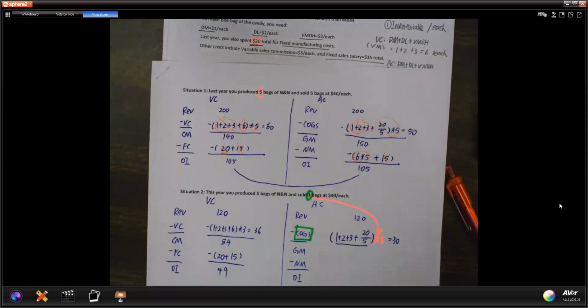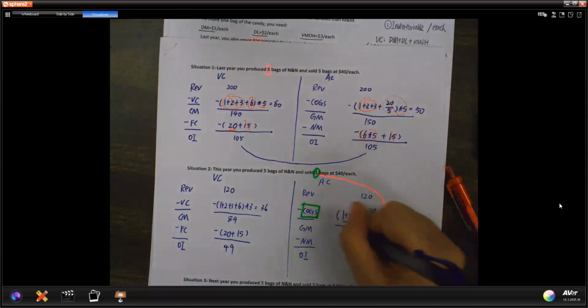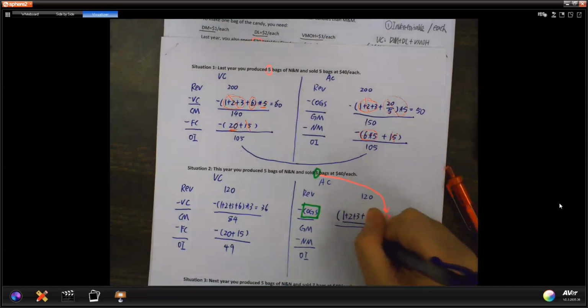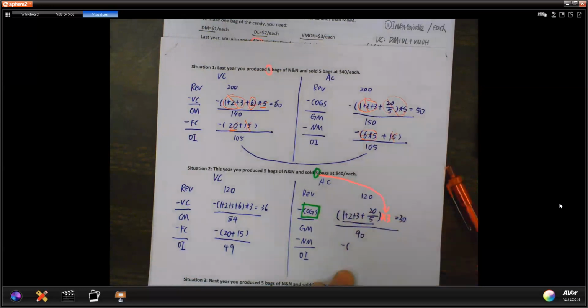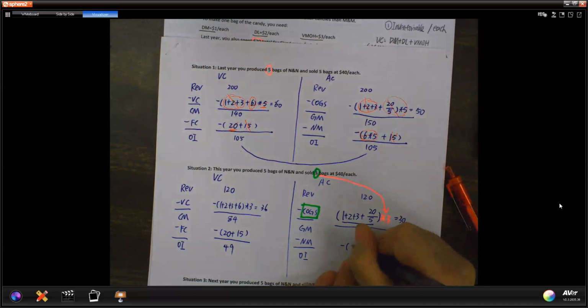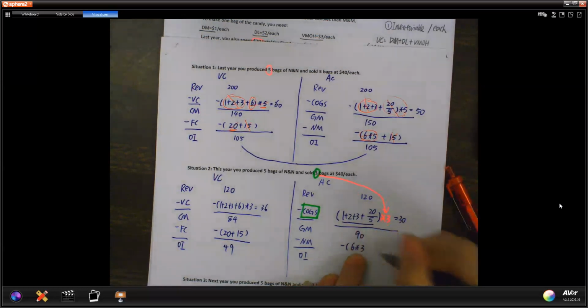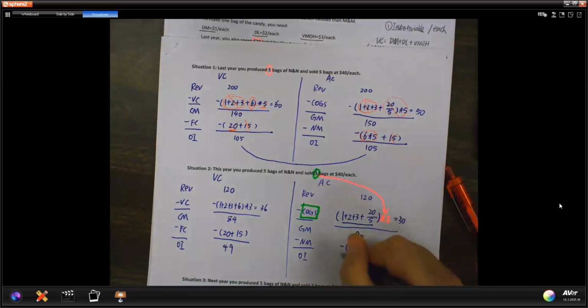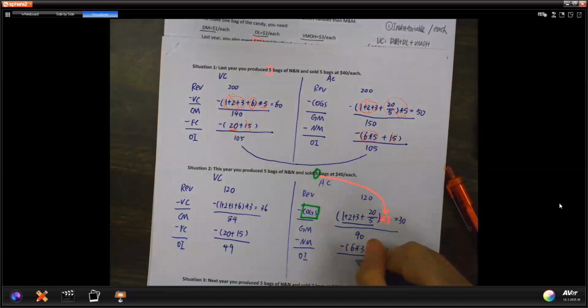Your gross margin now is $90, minus all of the non-manufacturing: variable sales administrative 6 times 3, since you sold 3, and the 15 fixed sales administrative. So your operating income now is 57.